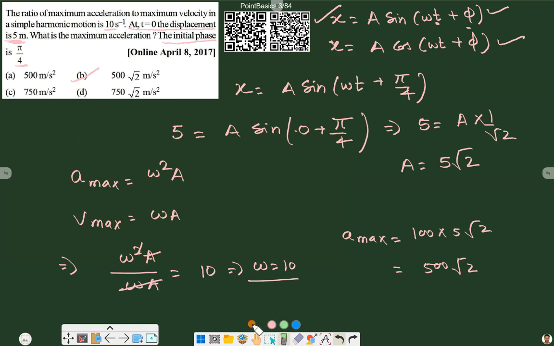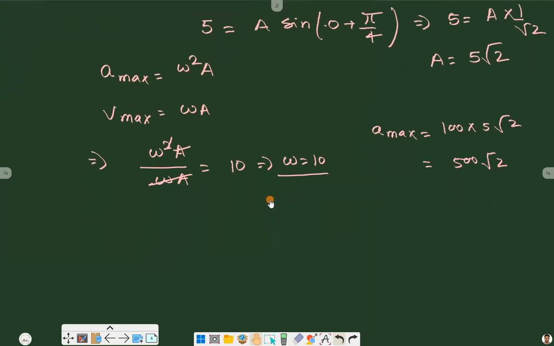Now let us solve it using a cos omega t plus phi. So here now we will be using x is equal to amplitude cos omega t plus phi, as phi is already given by pi by 4 and omega we have already solved separately, that is 10.